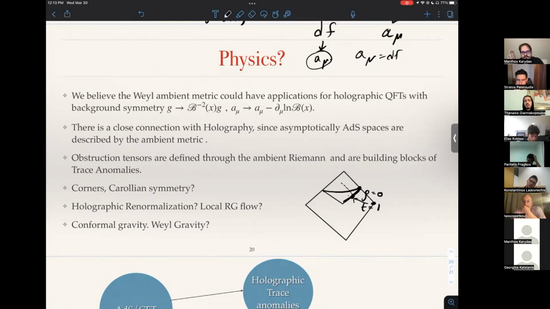It's something that you can probably gauge away by diffeomorphisms, because there is the Fefferman-Graham theorem. There are probably some diffeomorphisms that get you to Fefferman-Graham. So it's not really new data that you need on the boundary.